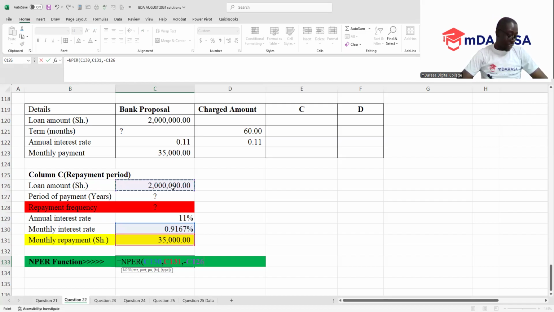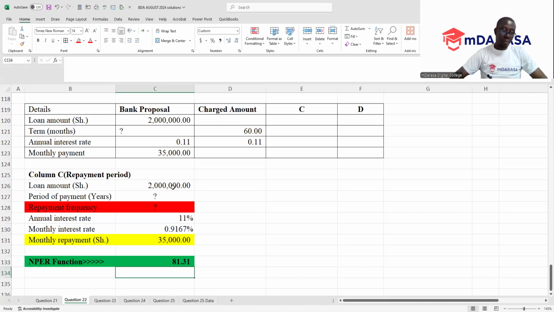Once I have that, the next thing to do is to just press enter. So this is to say that the number of periods that it takes us to clear the loan of 2 million, given that I'm paying 35,000, would be 81 months. So in this case, the repayment frequency in terms of months is what you're required to determine.